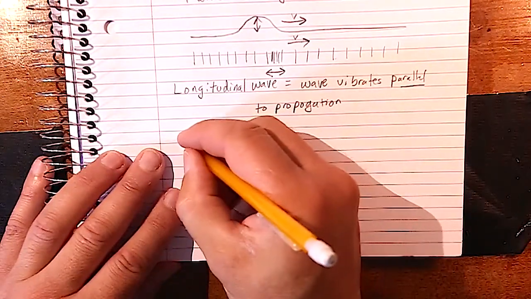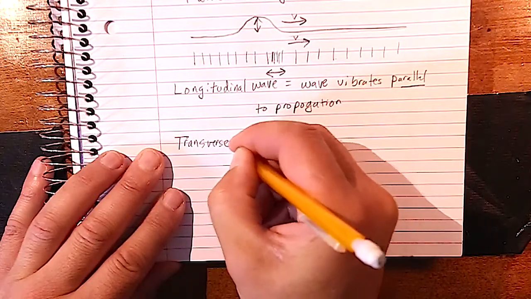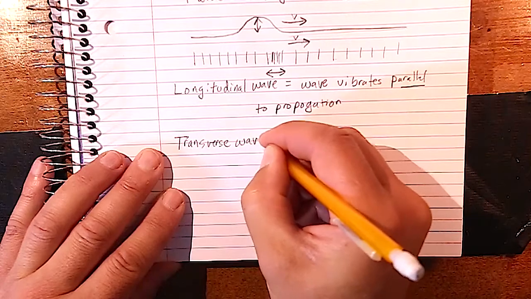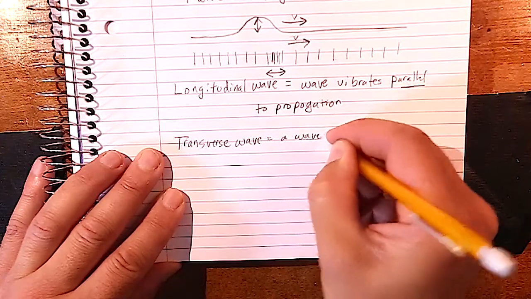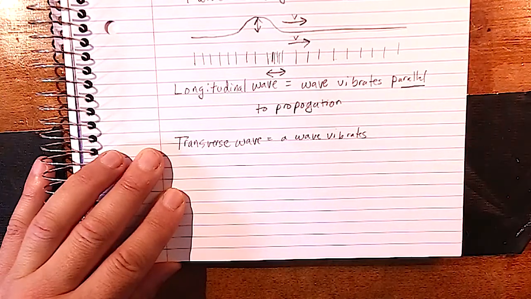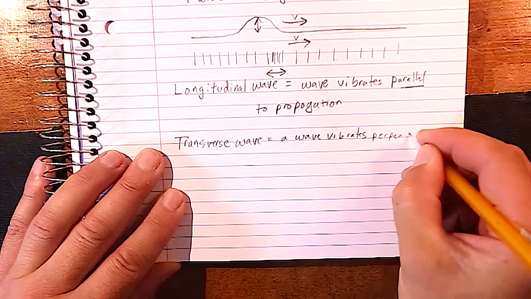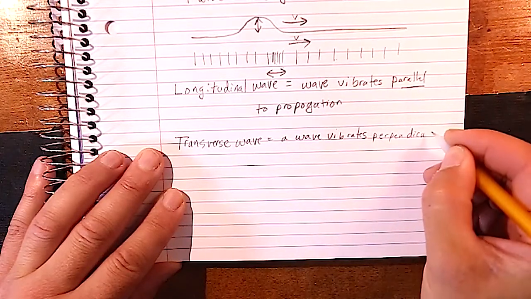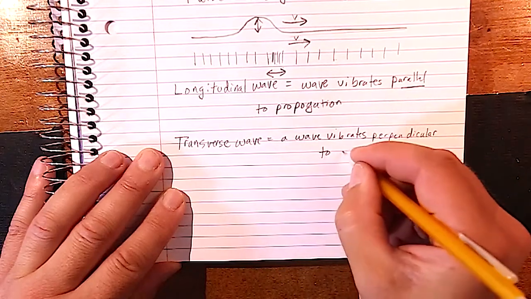When we talk about transverse waves, then we have the opposite situation. In a transverse wave, it's a wave that vibrates how? Well, what's the opposite of parallel? That would be perpendicular. So it's a wave that vibrates perpendicular to the propagation.